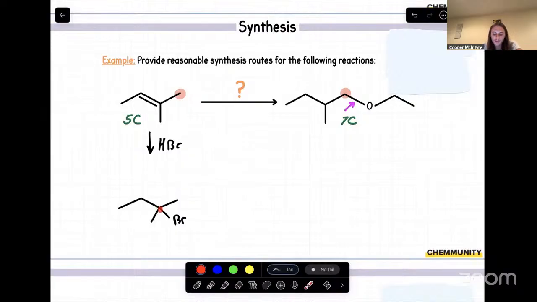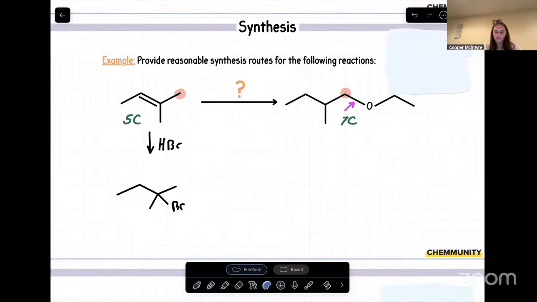So now that we have a bromine on this carbon right here, my next question is, okay, what reaction could I use to now put functionality onto this carbon right here? We can see we're right next to it. And a good tip is that whenever you need to push functionality over by one carbon, I always recommend forming an alkene, which is something that we can do in this case.